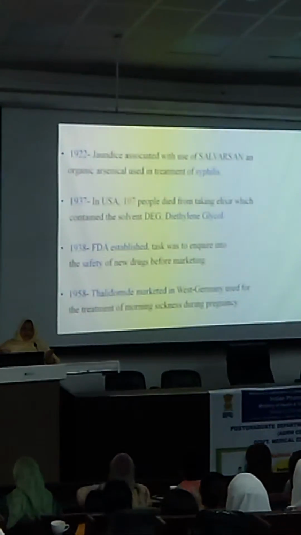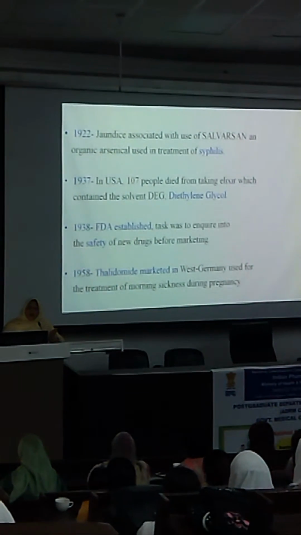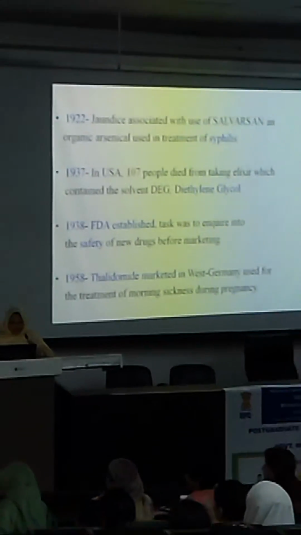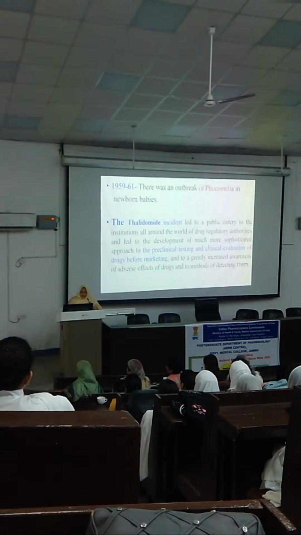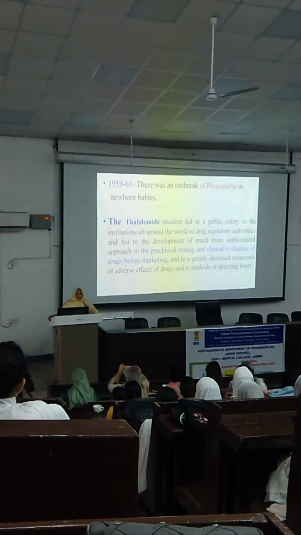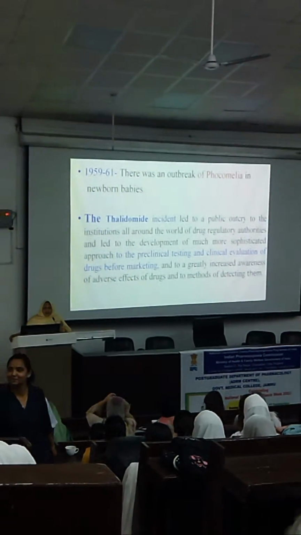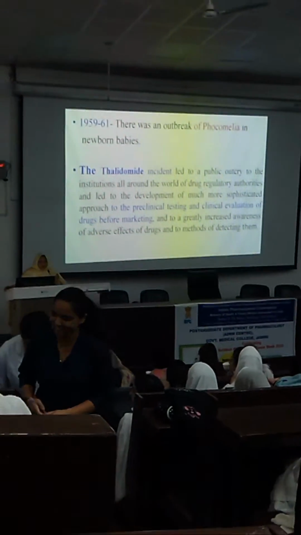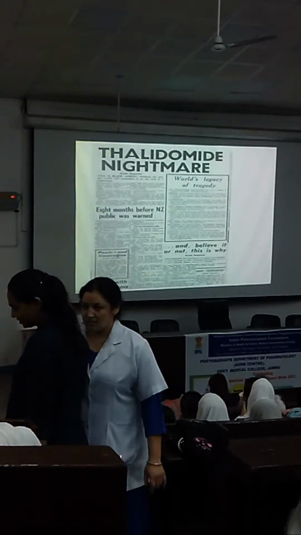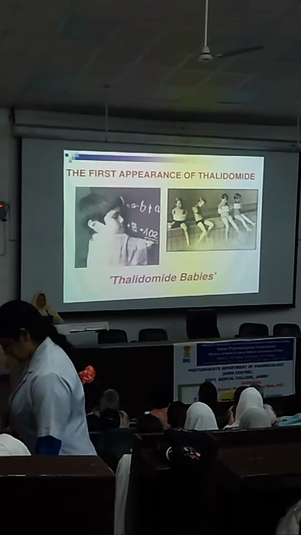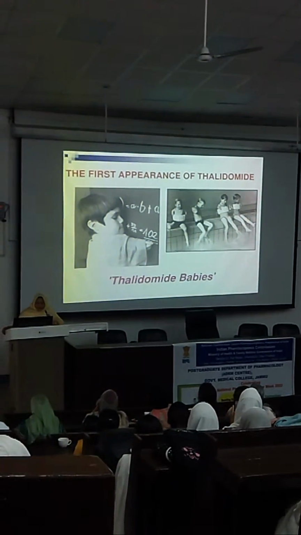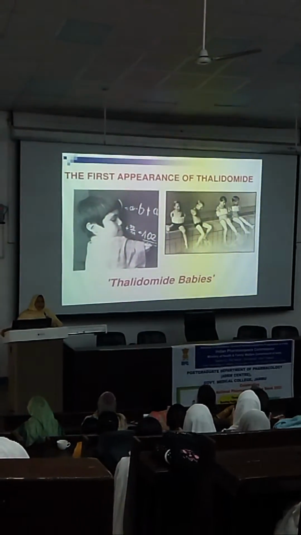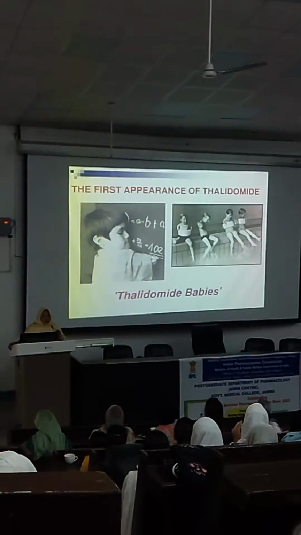They were using it normally for the treatment of morning sickness in pregnant patients. But later on, they found that there was an outbreak of phocomelia in newborn babies. And I will show you here the picture of those babies. They were known as thalidomide babies, and the babies were without limbs.